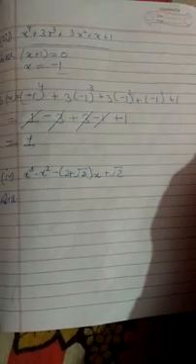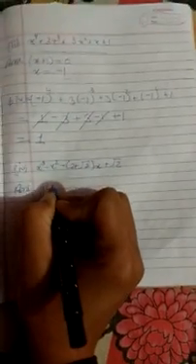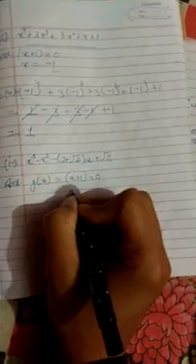Now the last part: x cube minus x square minus (2 plus under root 2) multiplied by x plus under root 2. We have to check also whether it is completely divisible by x plus 1 or not. So let's start: x plus 1 is equal to 0, x is equal to minus 1, same step.